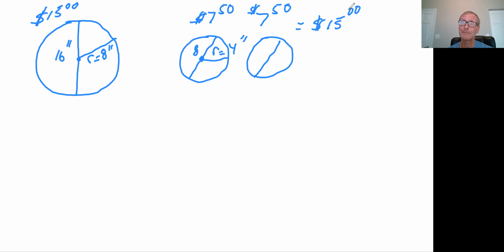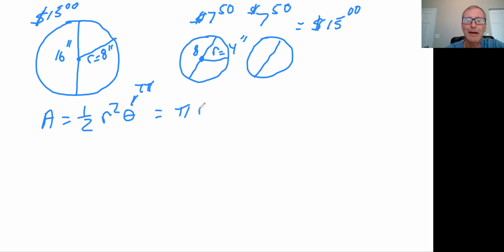Which one's the better buy? Well, let's do our area calculation, because basically when you're eating pizza, you're eating the area of the pizza, right? You're not just eating the circumference, etc. So again, going back to our formula, 1/2 r squared theta, where theta is you're going all the way around, so this theta would be 2 pi. When you do that calculation, we get back to our pi r squared again.